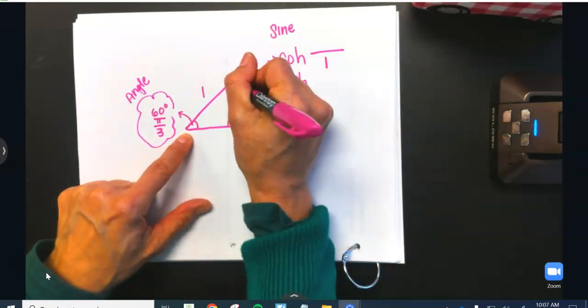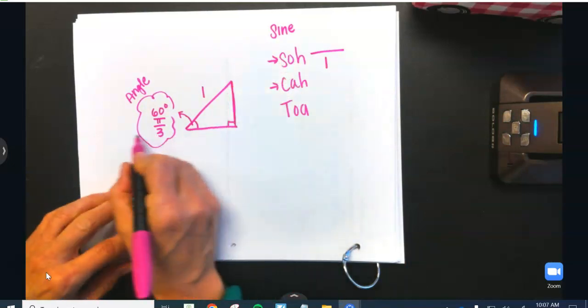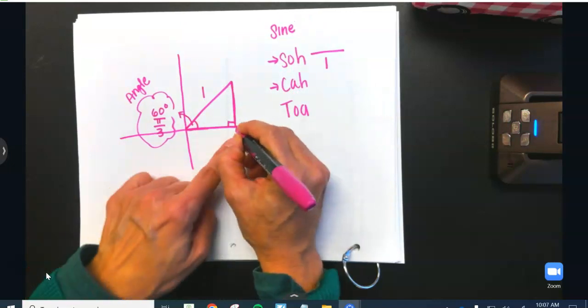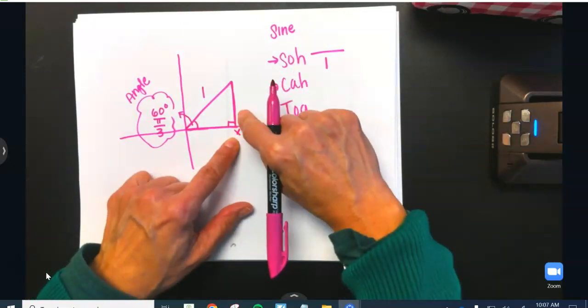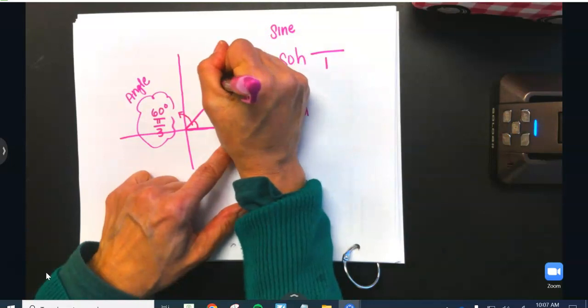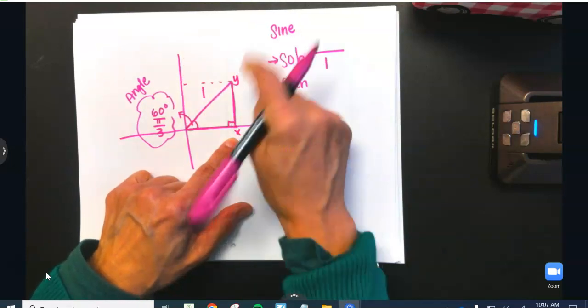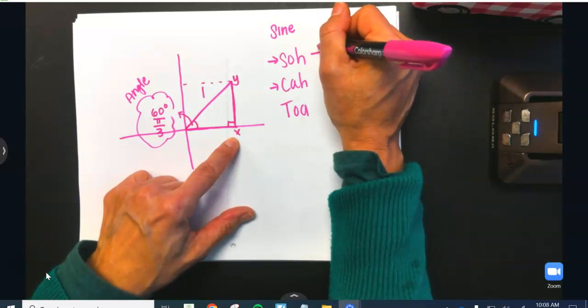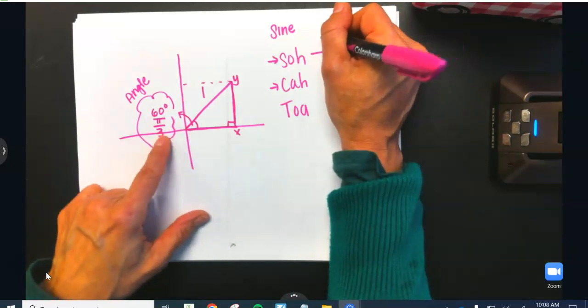The opposite is this measure right here on a unit circle. So remember, this is going to be how high up it is. It's a y value, which is going to be, what's the sine value of pi over 3?